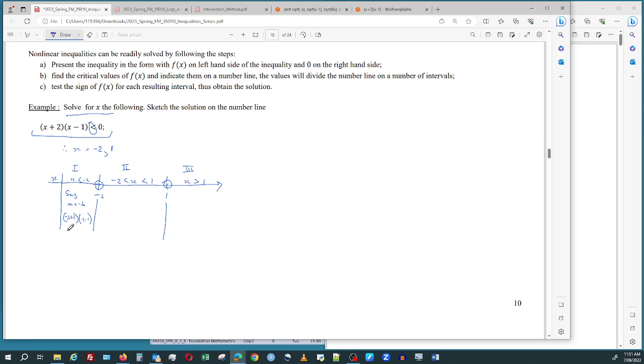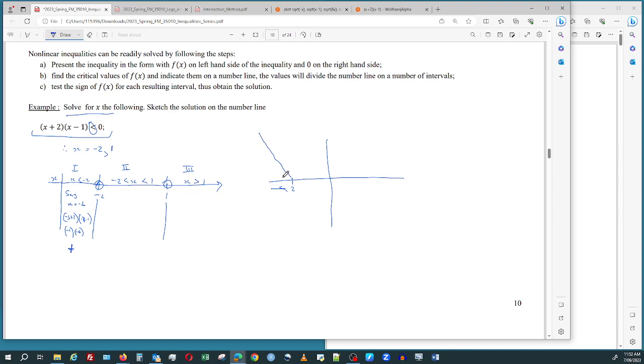Minus 3 plus 2 is minus 1, and minus 3 minus 1 is minus 4. Minus times a minus is a plus. Look at that, plus 4. So this interval is up above the axis. Just testing the value, anything tested on this side of minus 2 gives us a plus.